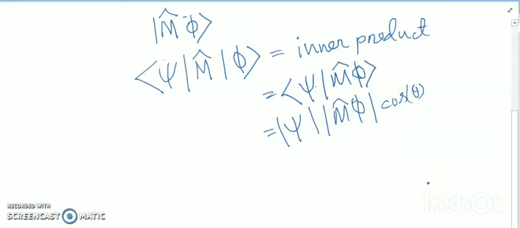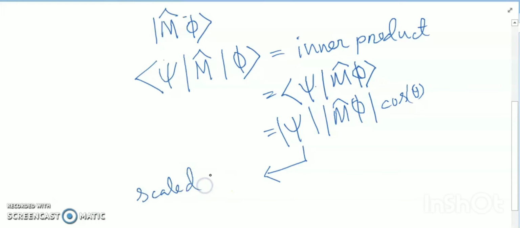Remember that we have this equivalent expression for the dot product. So geometrically, this inner product basically says act M on phi and then measure the angle between the new vector and psi, scaled by their lengths. It is a scalar scaled by their length.